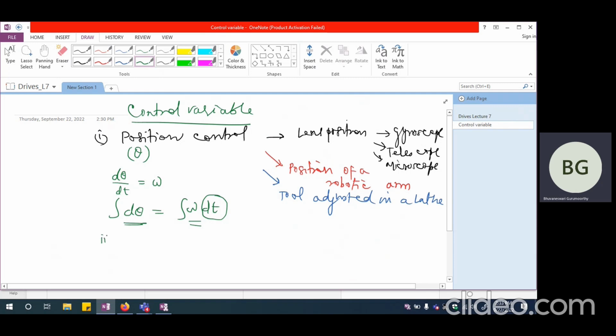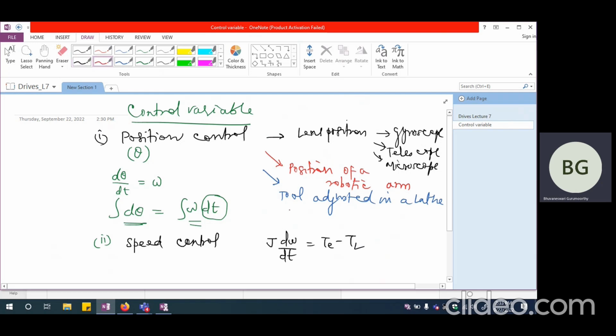And if I look at the speed, like what I said in the last class, the speed control can be effected based on the equation J d omega by dt equal to Te minus TL.